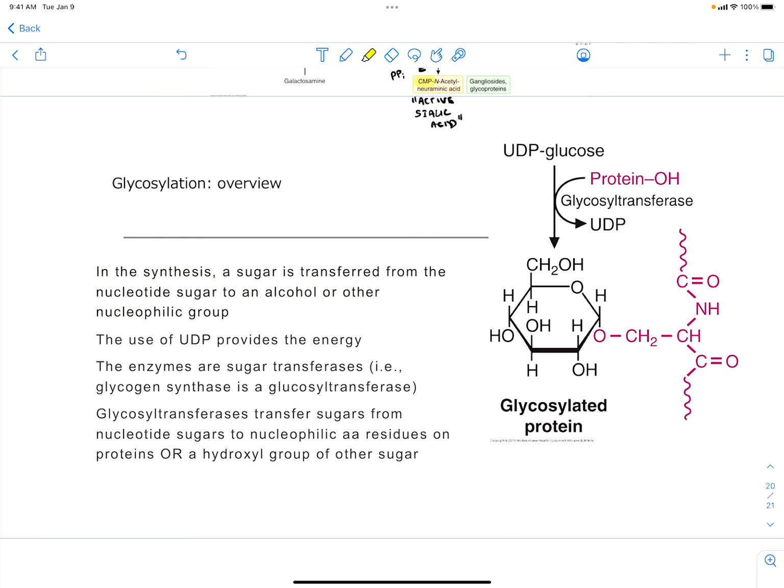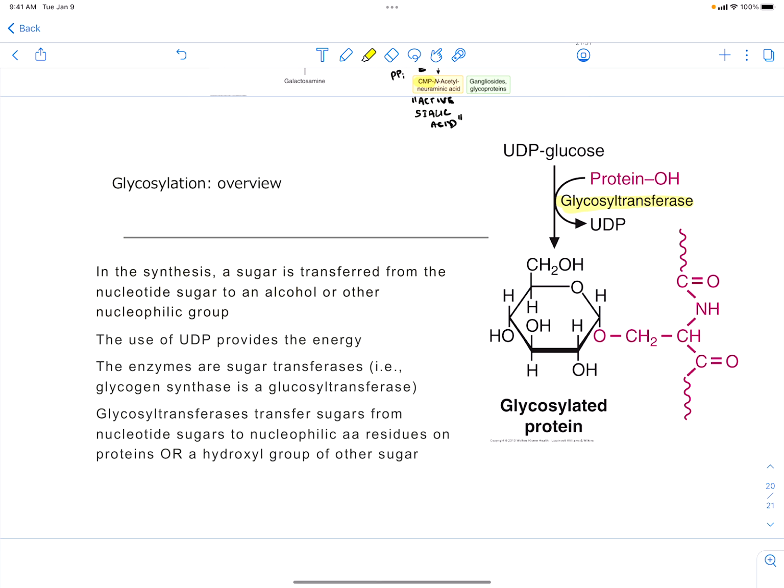So let's just talk a little bit about what glycosylation is. Glycosylation basically is a sugar is transferred from the nucleotide sugar, which is an activated sugar, to some other group. And in this case, we're attaching it to a protein. So the activated sugar is going to provide the energy necessary for the transfer. And the enzymes are going to be transferases.